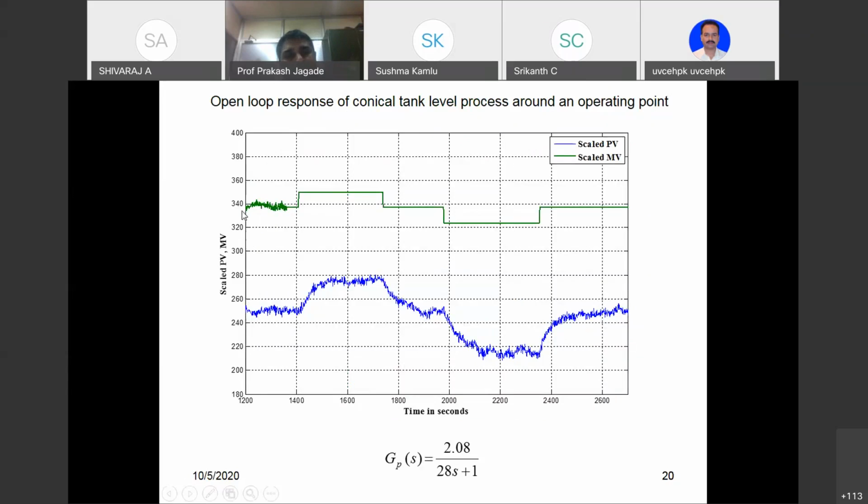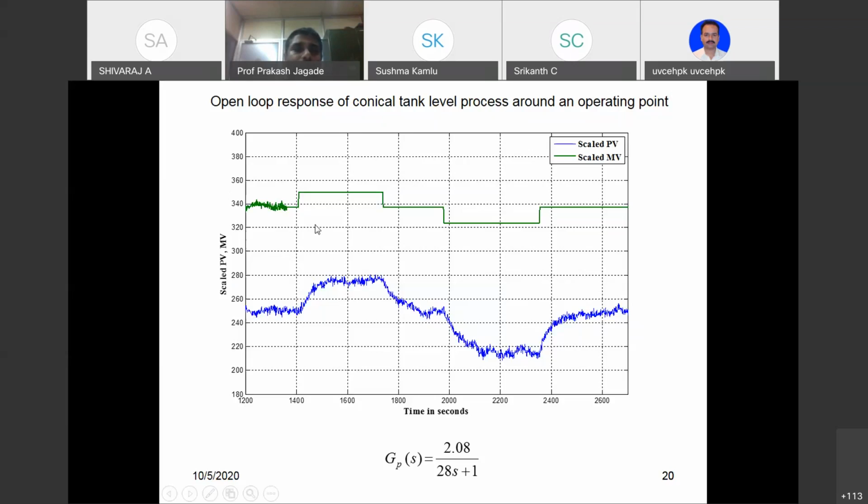If the controller output is maintained close to 340, then your water level will be maintained at, I would say, 250. That is my operating point. That is the meaning of an operating point. So first we have selected the operating point by giving 340 as the value. By setting the output of the controller close to 340, you are able to maintain the water level in the tank at 250, which is a scaled value.